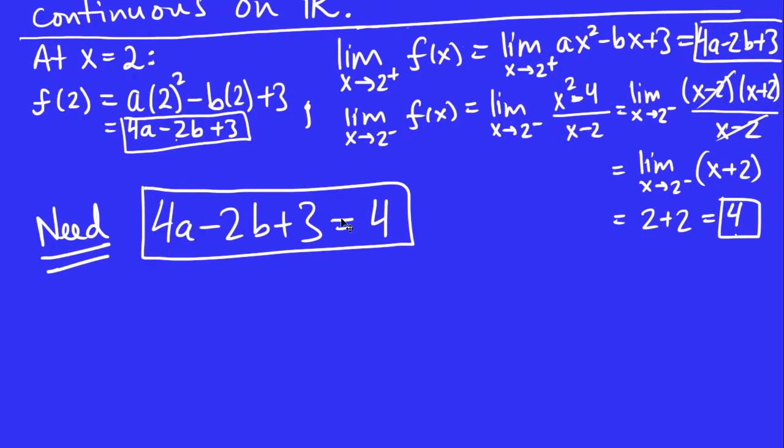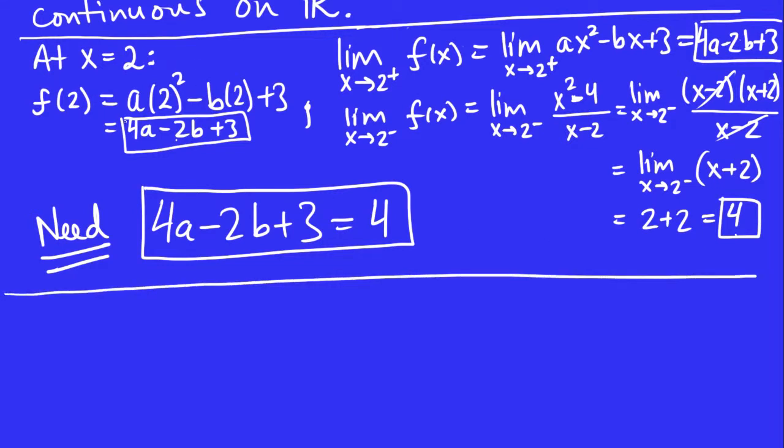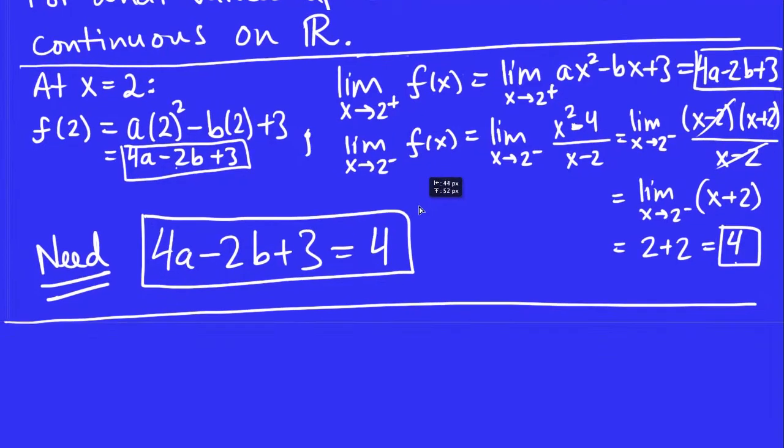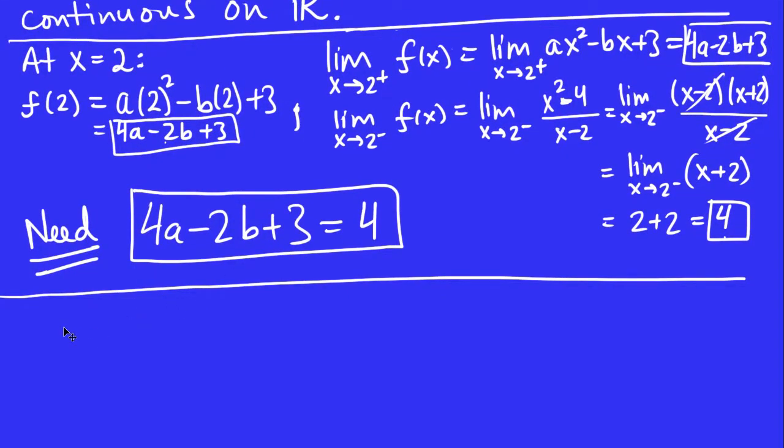This is one equation and 2 variables. You cannot solve that equation for a and b explicitly as unique numbers. So I think what we should do is the same kind of analysis, but this time at the other transition point, namely x equals 3.